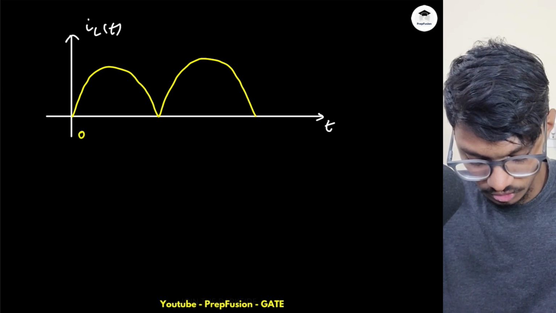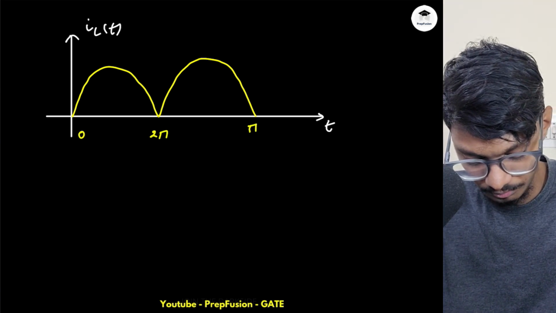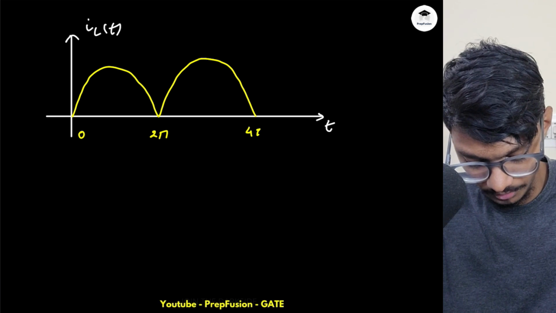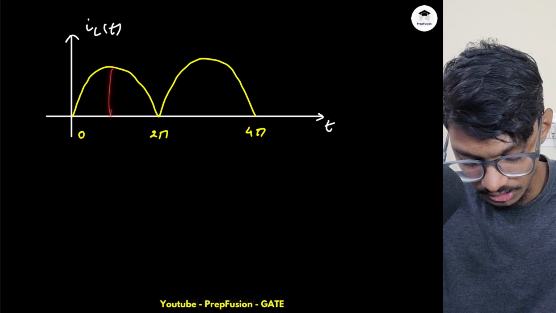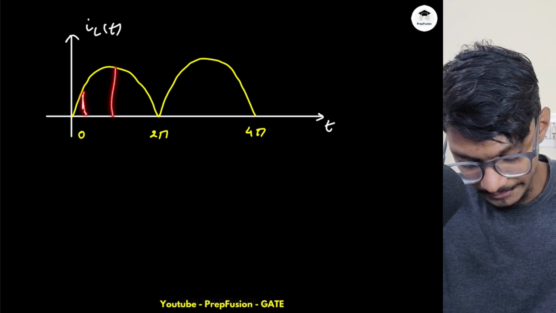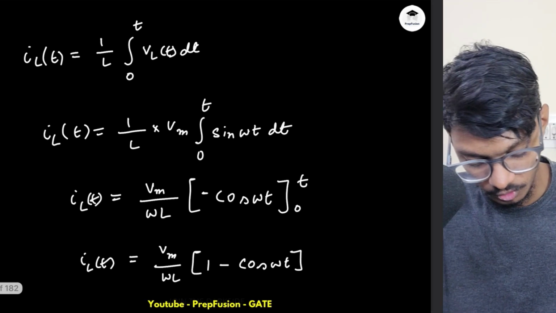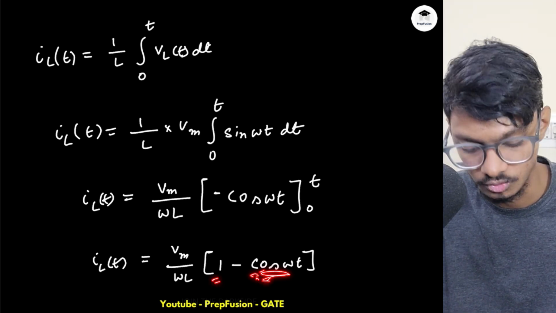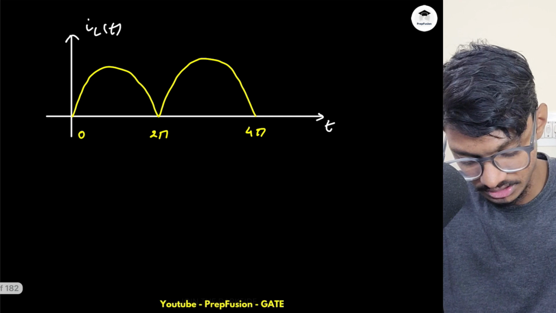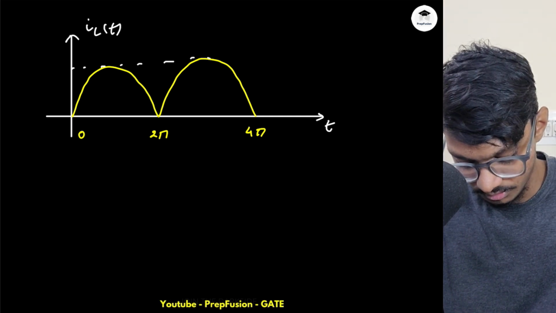This is 0, this will be 2 pi, this will be 4 pi. So at pi by 2, this will be 1. At pi, this will be 2, the maximum, because if you put cos pi over here, this will be minus 1. Minus of minus 1 is 1, so 1 plus 1 is 2. So this value will be maximum, that is I max.